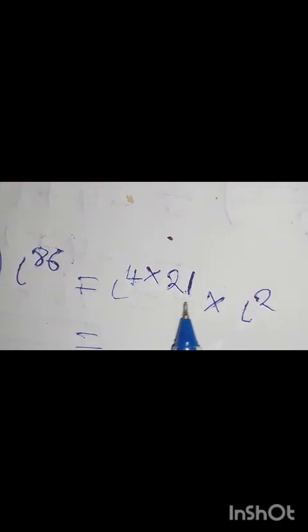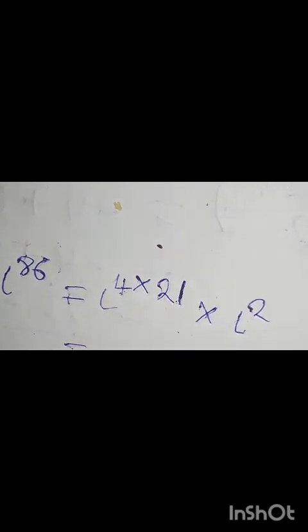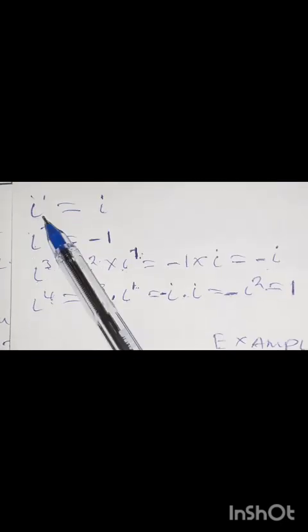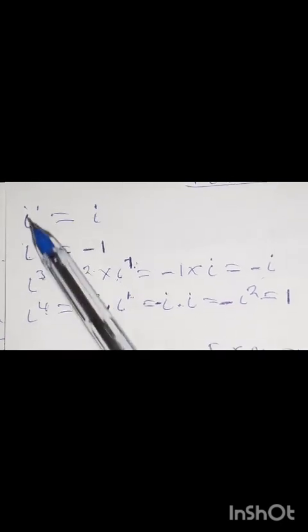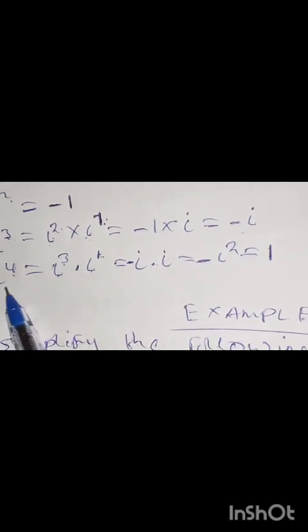As long as 4 can enter into the power, the answer is 1. Remember I told you that these values go in a cycle: 1, 2, 3, 4, then again 5, 6, 7, 8, 9, 10, 11, 12. Whichever number 4 can enter into, the answer will always be a 1.